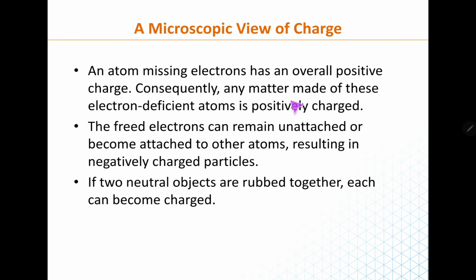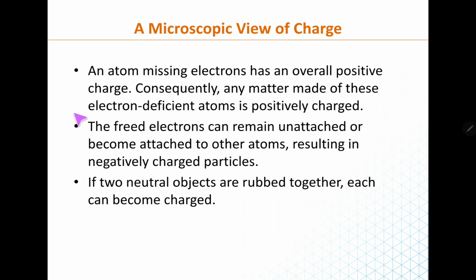Consequently, any matter made of these electron-deficient atoms is positively charged. That means every atom that is missing electrons will have a positive charge. And vice versa: the freed electrons can remain unattached or become attached to other atoms, resulting in negatively charged particles.